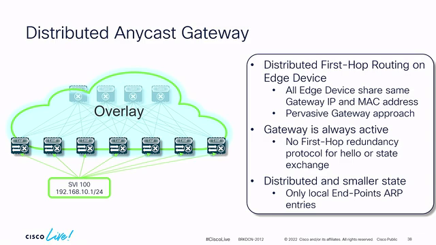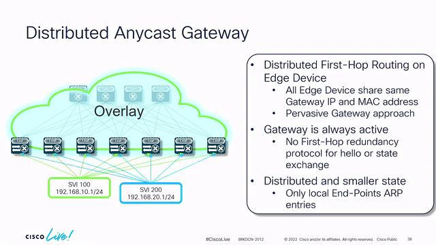So we can configure multiple SVIs. Let's say start with VLAN 100 and configure VLAN interface 100, assign the gateway address to it, which is 192.168.10.1/24.